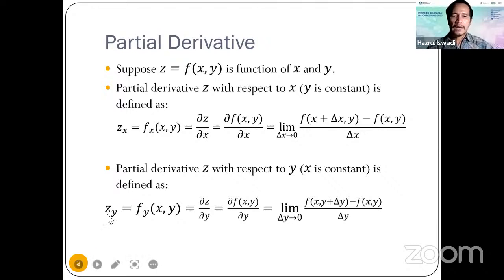So we have z_y or f_y here. This is z_y, this is f_y, the partial derivative of z with respect to y, or ∂z/∂y. This is the notation of partial derivatives.